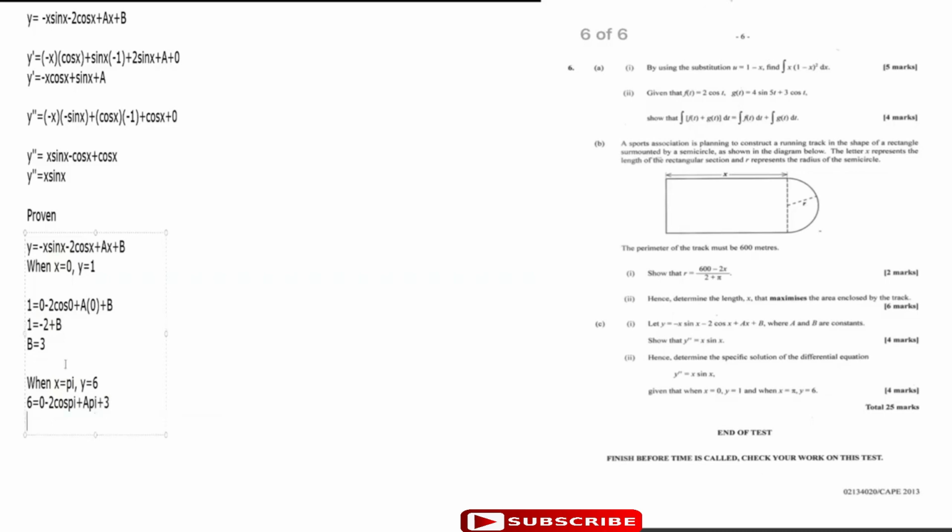So we're going to subtract 3 from both sides to get 3 is equal to minus 2 times the cos of pi plus a times pi. What's the cos of pi? The cosine of pi is minus 1. That works out to be 2 plus a times pi, and we need a.